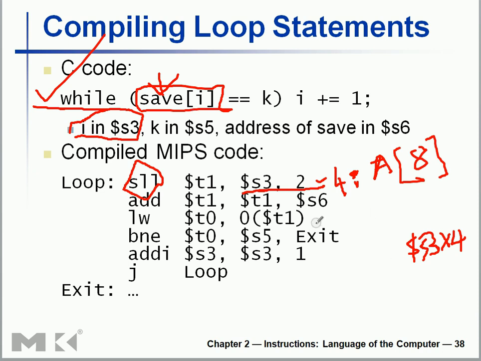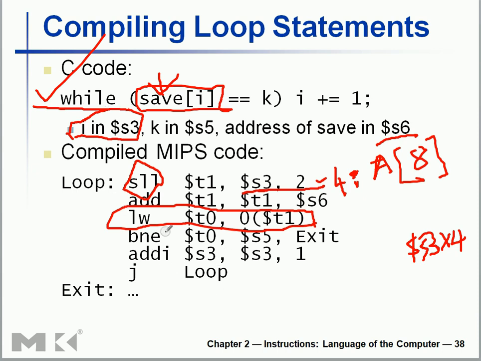This is exactly what we did here. For A8 we said go 4 times T1, and this time I'm just adding instead. You see, it's very easy. S6 is the address of save. You can say A or something. Same thing.